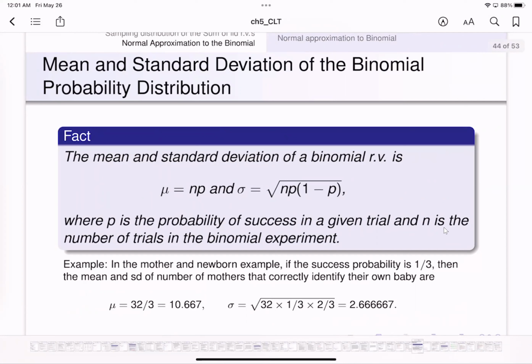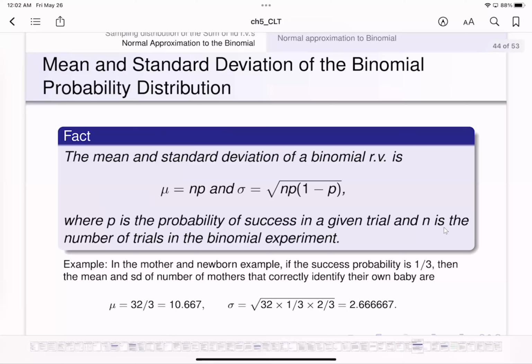So np(1 minus p) is simply n times the success probability times the failure probability. For example, in that mother and newborn example, with p being 1/3, the mean is 32/3.